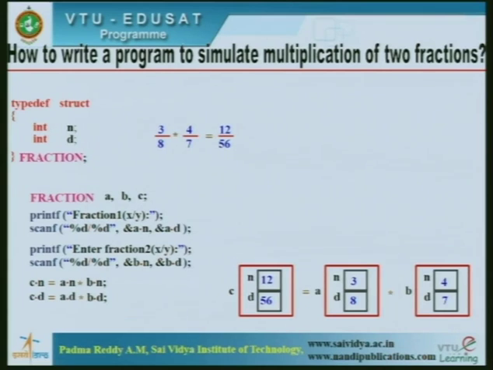Now finally we should display. We have to display C dot n and C dot d. So here we write printf result equal to %d C dot n comma C dot d. Now we get the output 12 divided by 56 onto the screen.